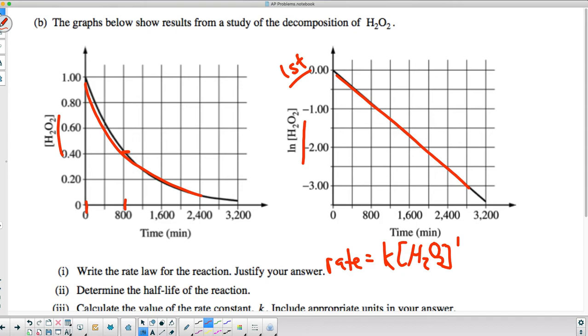Half of 0.4 is 0.2, which looks like it happens right around 1600. So for 800 seconds, we lose half the concentration.